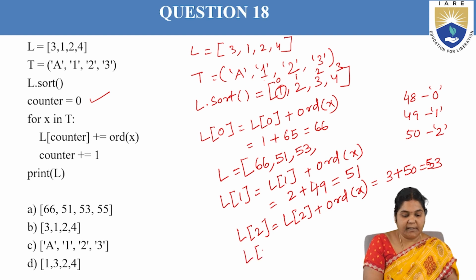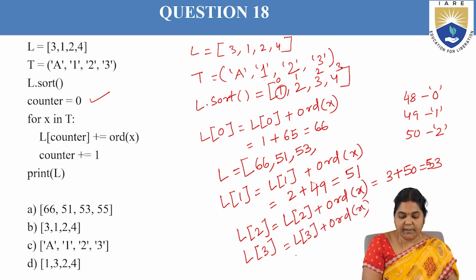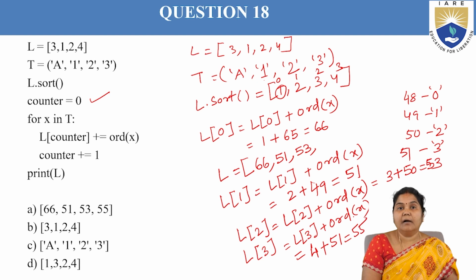Now L of 3 is L of 3 plus ORD of X. L of 3 is 4, plus ORD of X. X is the character 3, which is 51. So it is 51 plus 4, and it becomes 55.